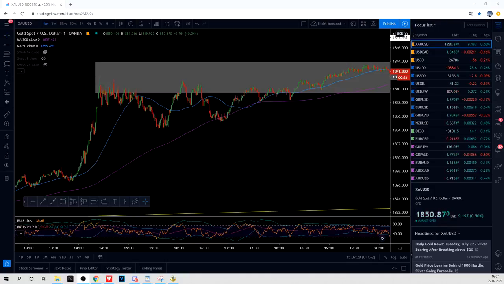Like, if the structure gets broken, I mean, we want to step into the game when the price is moving in our favor. We want to get in when it's moving, okay? We don't want to guess that it could be moving soon. No, we want to step into the game when the market is moving in our favor.